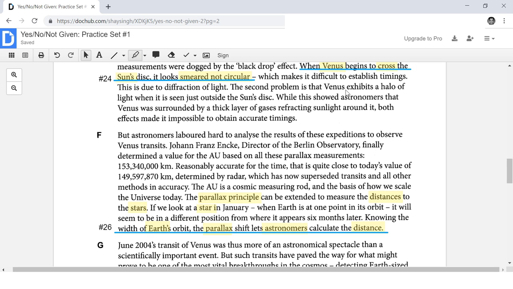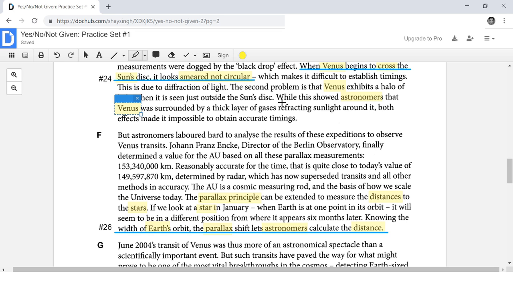Okay, so there's something about Venus here, something about astronomers here. Layer of gases. Okay, that might be something. So it talks about astronomers, it talks about Venus. I want to read this sentence.